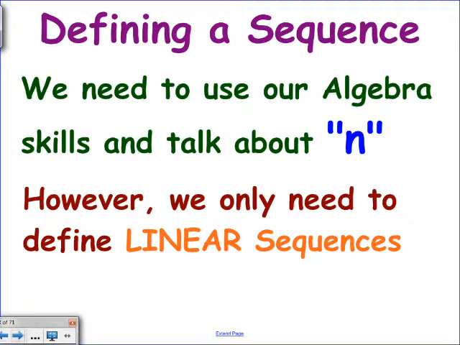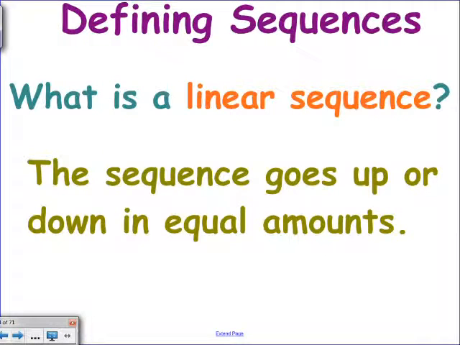So, defining a sequence in algebra, we need to talk about this letter n. But like I said earlier, at this level, in foundation level maths, we only ever have to do linear sequences.